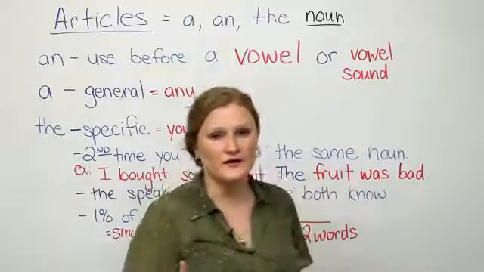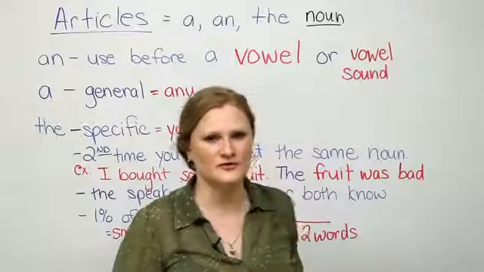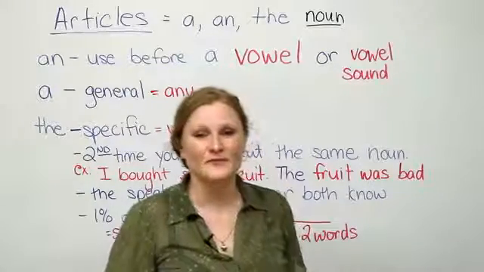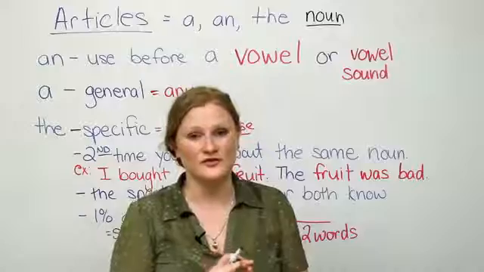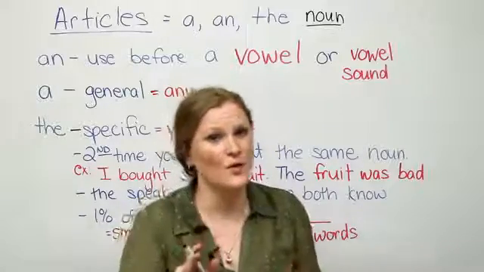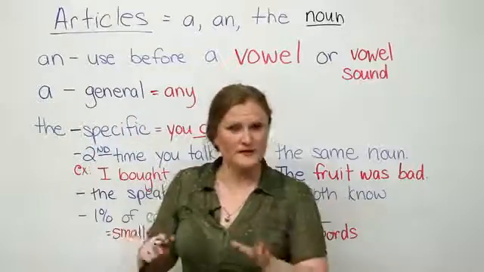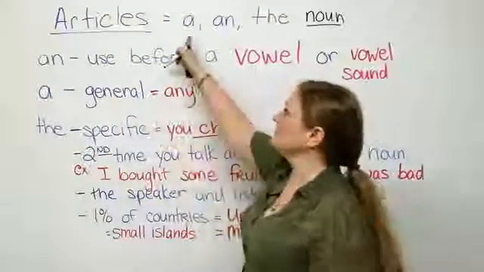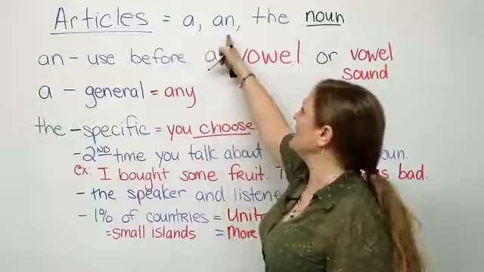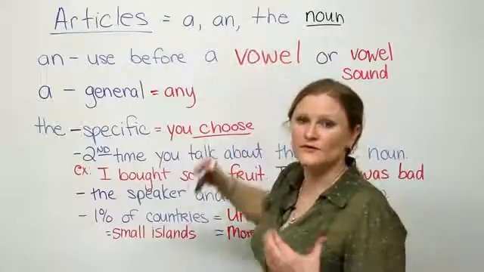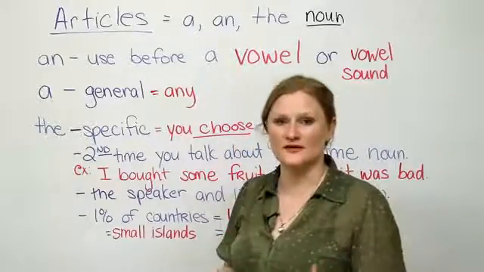Of course, there are millions of exceptions to what I've just said. Sometimes we do not use an article with a noun. That's a whole other lesson, a whole other time warp for your brain. We're going to stick to these ones: when to use a, an, and the before a noun in a proper English sentence.